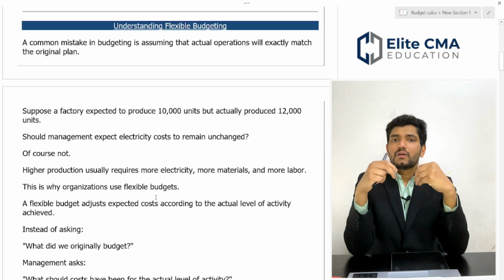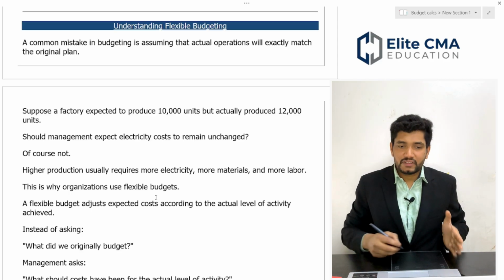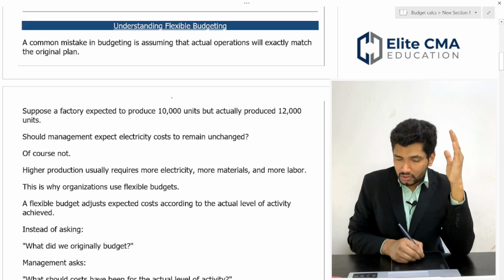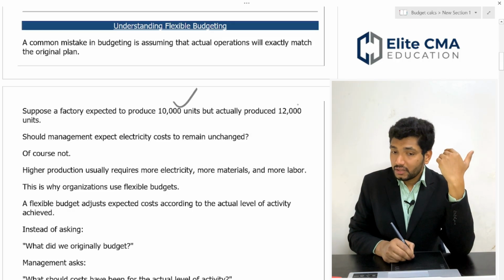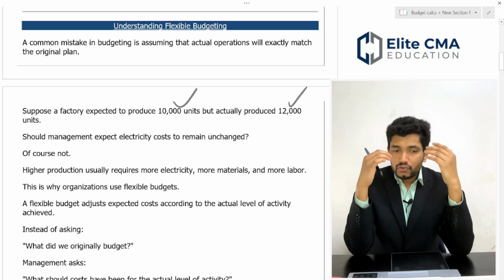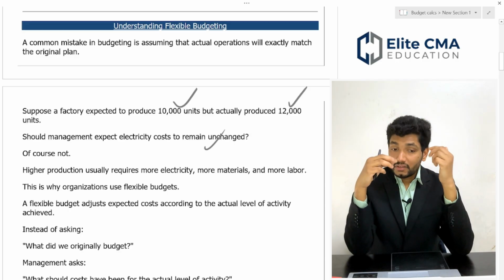Now, we will move into flexible budgeting. Just take an example. A company expected to produce 10,000 units, but actually produced 12,000 units. Should the management expect electricity cost to remain unchanged?